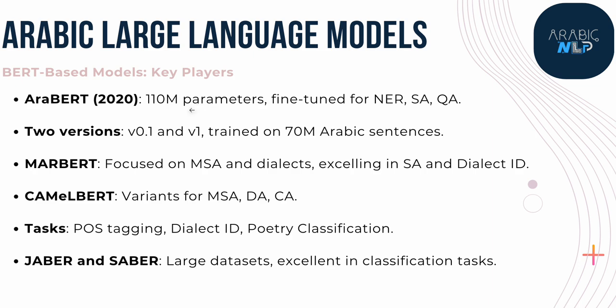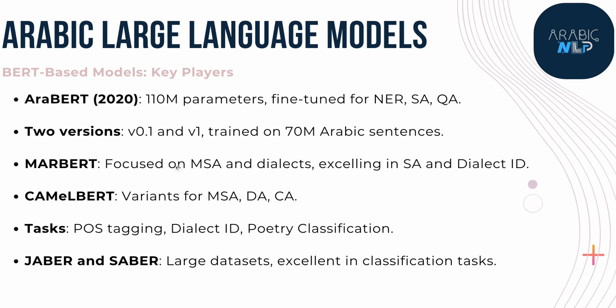We have two versions, like v0.1 and v1, which were trained on 70 million Arabic sentences. We have MARBERT, which builds on this by incorporating dialect and MSA, making it better suited for tasks related to informal Arabic.